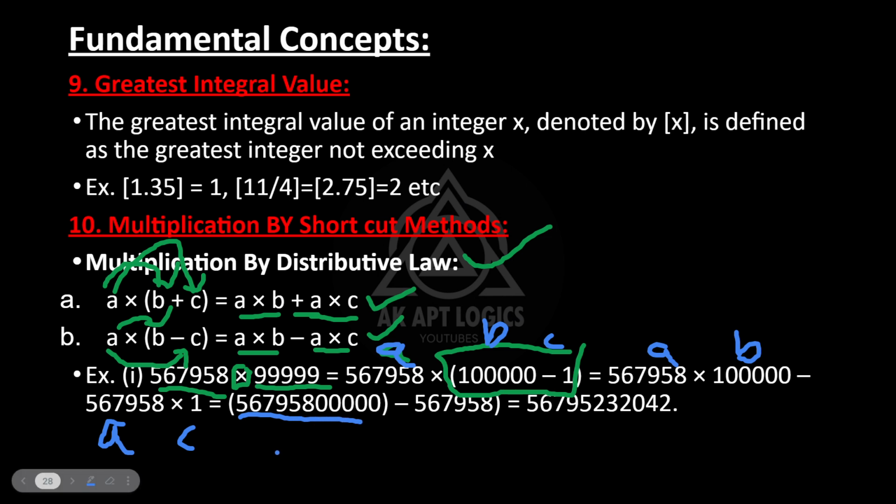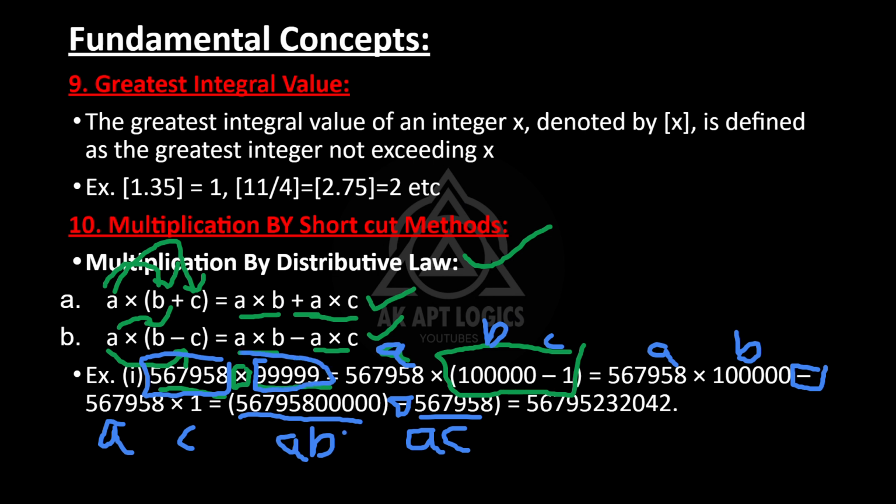It means after multiplication it is AB, and in between there is a minus, so the minus stays, and the next is AC. So rather than multiplying the two five-digit numbers given here, it is better to do this subtraction, right?